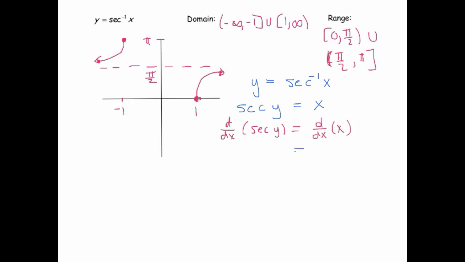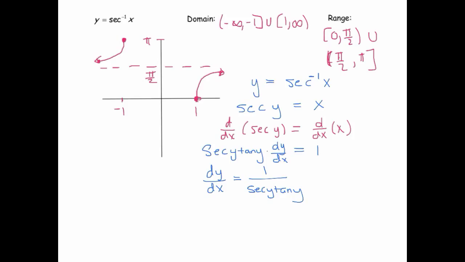The derivative of the right side is a 1. The derivative of secant is secant tangent. So it's going to be secant y tangent y, and then using implicit differentiation to take the derivative of the inside, dy dx. So that means dy dx equals 1 over secant of y tangent of y.